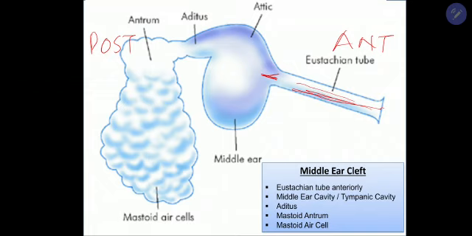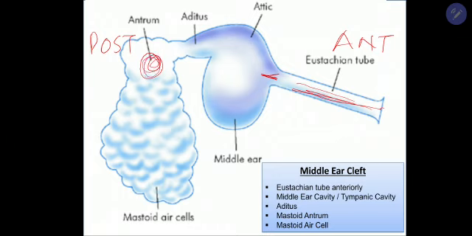Then this structure is known as the middle ear proper, which we will shortly discuss is further subdivided. The middle ear is connected through a passage known as the aditus, which leads into the antrum, the biggest of the mastoid air cells.